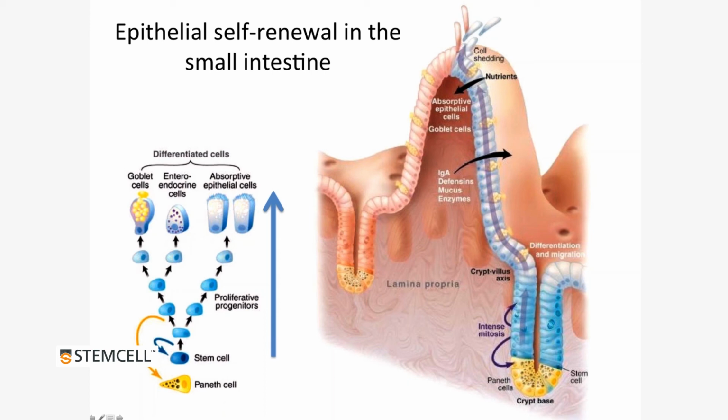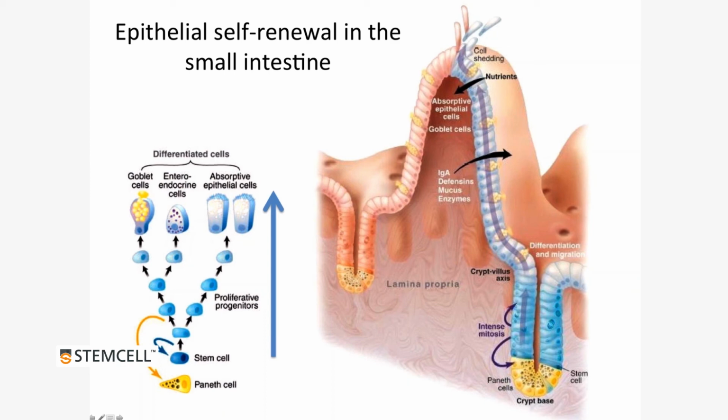In fact, it was very well known that proliferation was driven by stem cells located at the base of the intestinal crypt. The intestinal crypt is this invagination of the mucosa into the submucosa. So it was well known that stem cells were located at this base of the intestinal crypt, and they would be proliferating and giving rise to daughter cells that would be pushed upward into the crypt-villus unit.